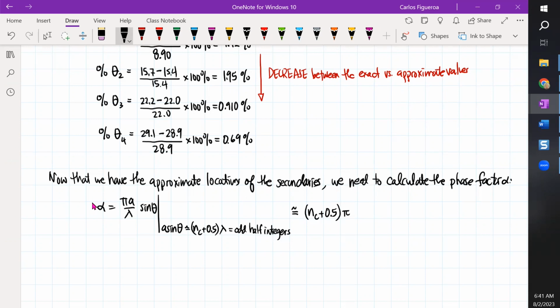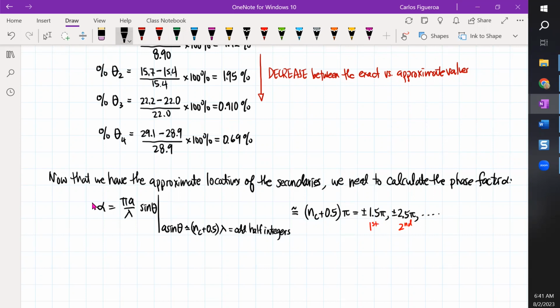The lambdas cancel out, so I get these odd half multiples, and we could then say that this becomes plus or minus 1.5 pi, plus or minus 2.5 pi. And you can see how the pattern continues. So this is, of course, the first secondary, the second secondary, and so on.